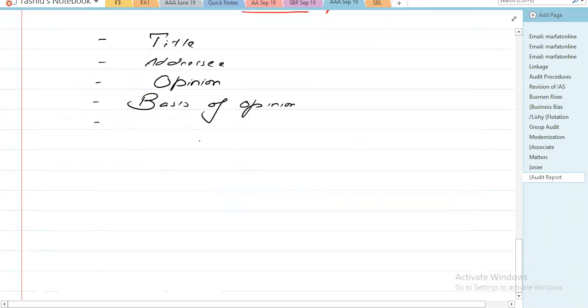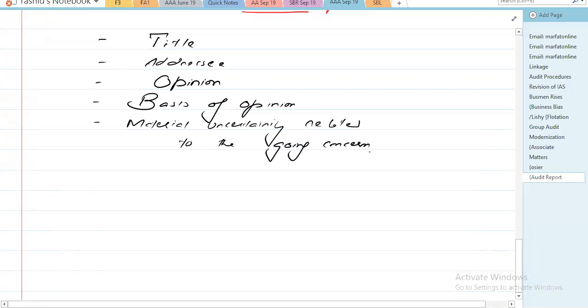And then after the basis of opinion, there will be material uncertainty related to the going concern.